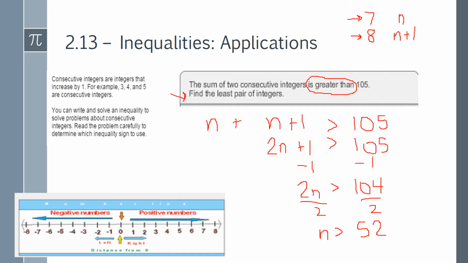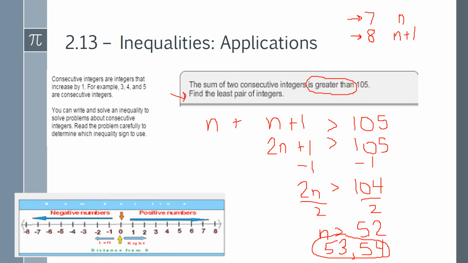So the next highest whole number is 53. And it says it wants the pair, so 2 consecutive numbers. 53 and 54 are consecutive and they're whole numbers. If I add them together, I get 107, which is greater than 105.